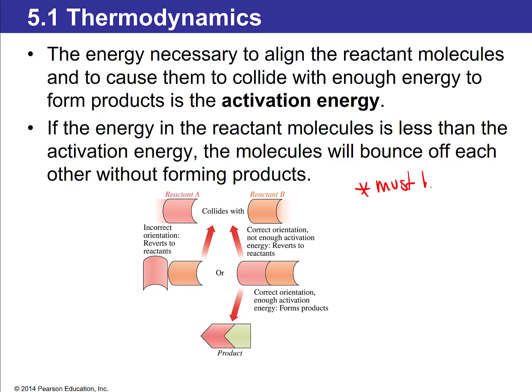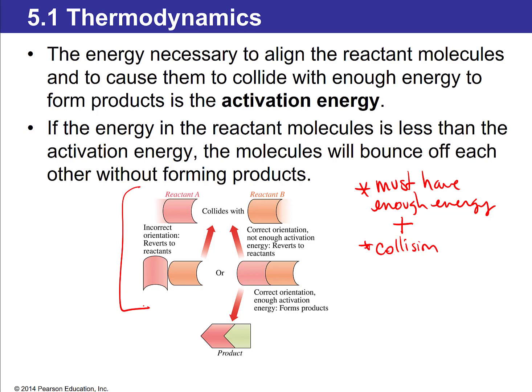In this one, you can see they have to have enough energy and collisions. And not only do they have to collide, because like in this example right here, A and B collide, but they don't collide correctly, okay? We need them to come this way.